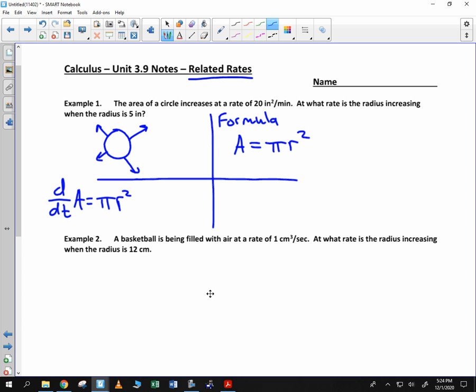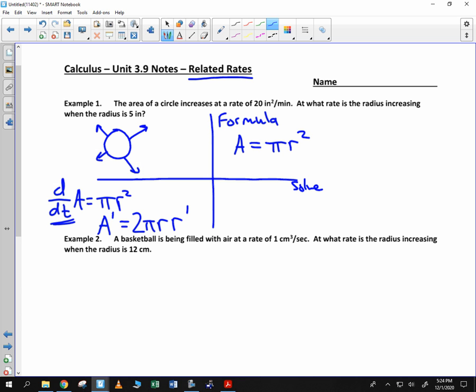The derivative of area with respect to time is A prime. And the derivative of pi r squared is 2 pi r times r prime. Because we don't have a t that pops up anywhere, we have to attach r prime.